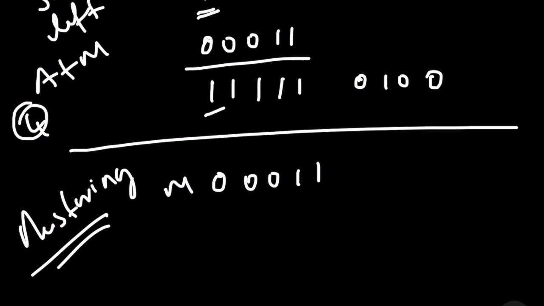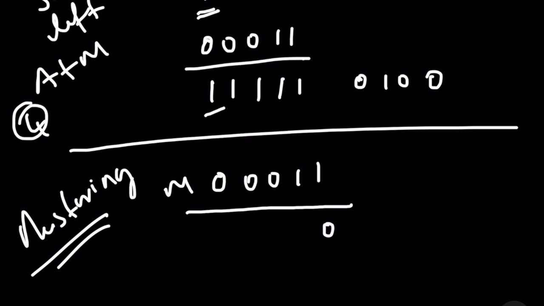Just remember, we will be restoring with the M, adding it to the last obtained bits that are available in the accumulator. So remember this, just perform an addition.